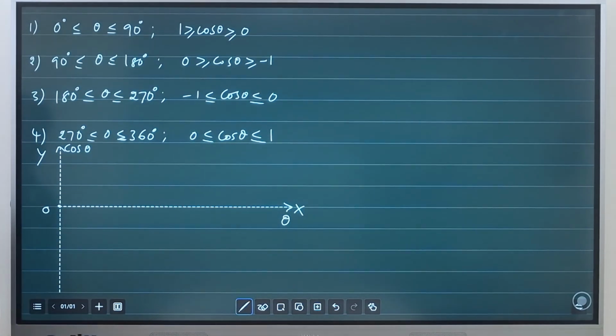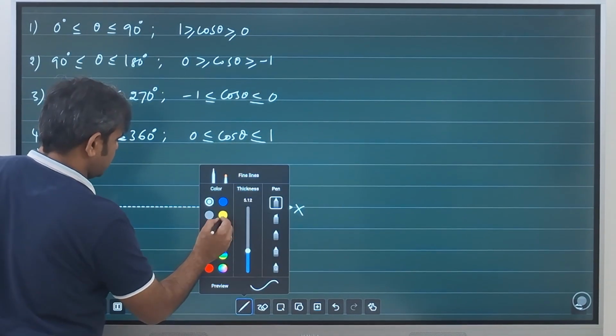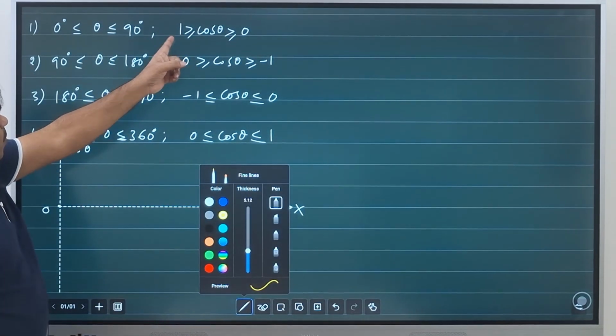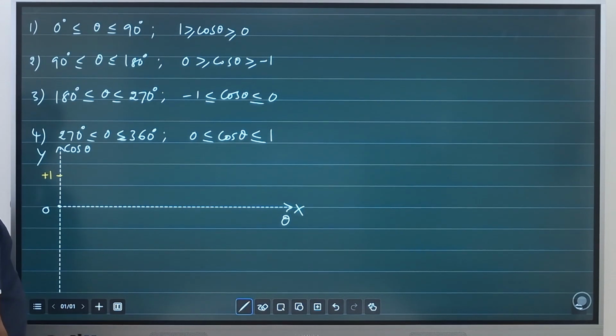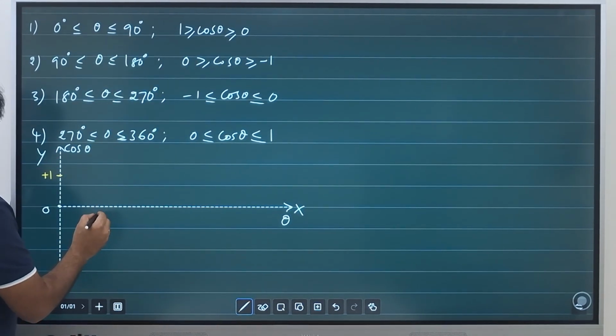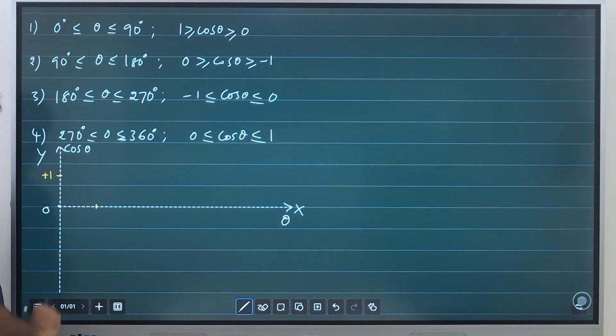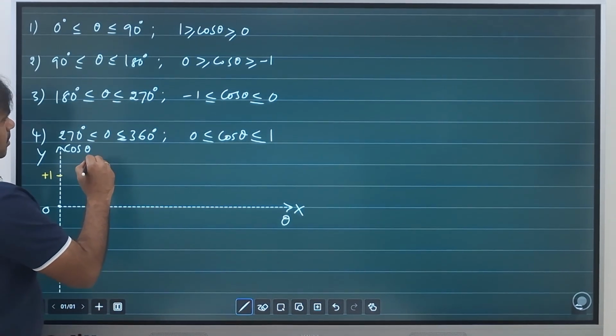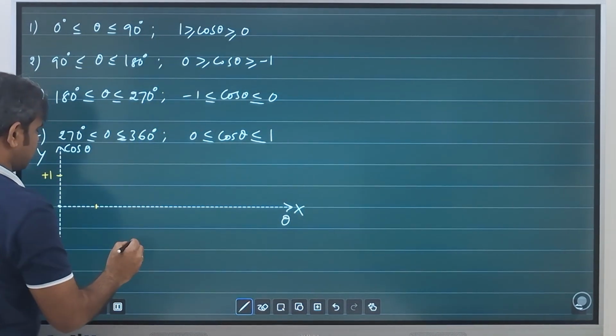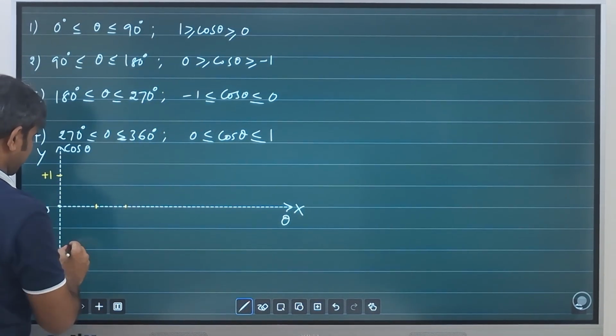For theta equal to 0 degrees, we know the value of cos theta is equal to 1. Cos theta value is +1 for theta equal to 0 degrees. And for theta equal to 90 degrees, the value of cos theta becomes 0. Let me call this angle theta equal to 90 degrees. And for theta equal to 180 degrees, cos theta value is -1.